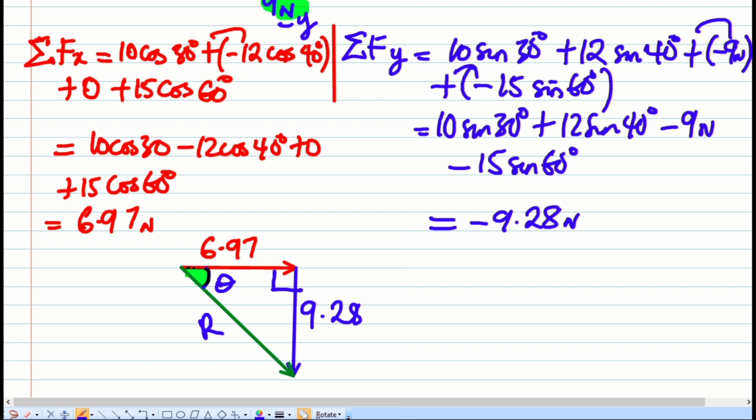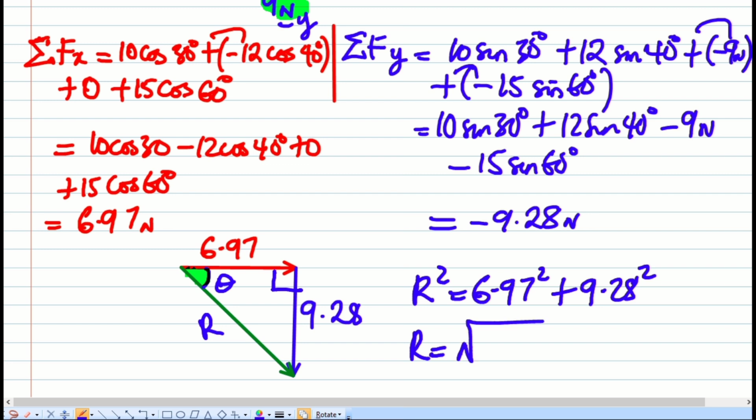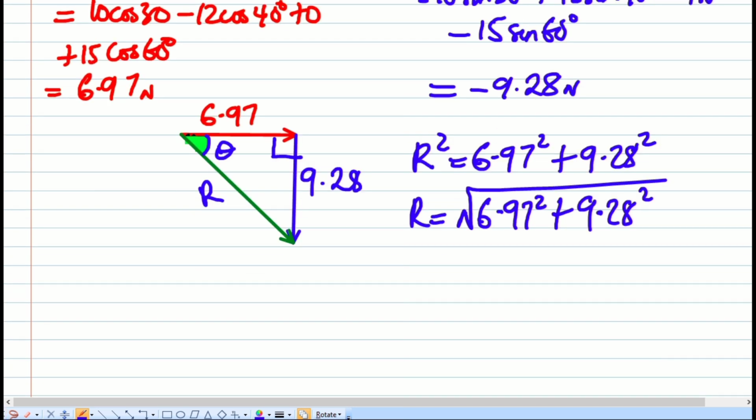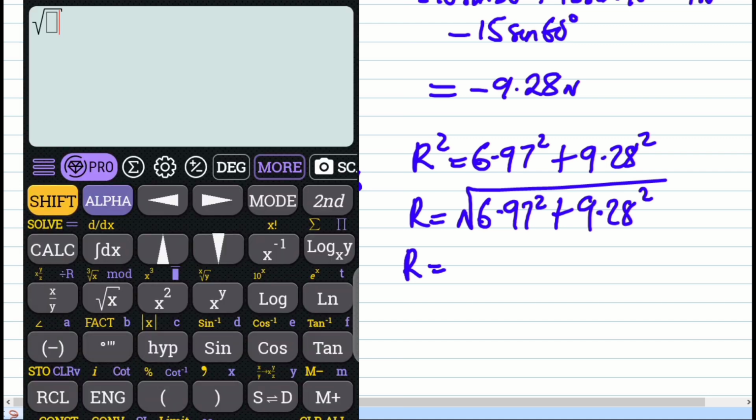First of all, let's find the magnitude of the resultant, which is r. This resultant is opposite the right angle, so it's the hypotenuse. So using Pythagoras theorem, r squared is 6.97 squared plus 9.28 squared. So r is basically the square root of 6.97 squared plus 9.28 squared. Let's plug everything into our calculator.